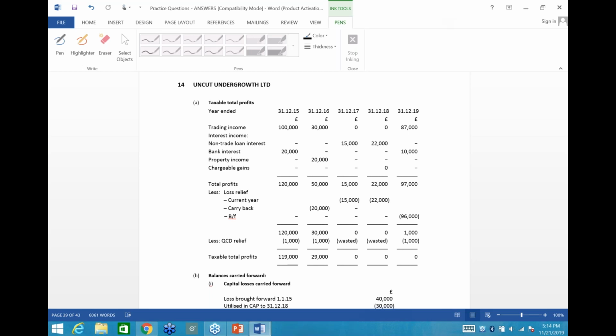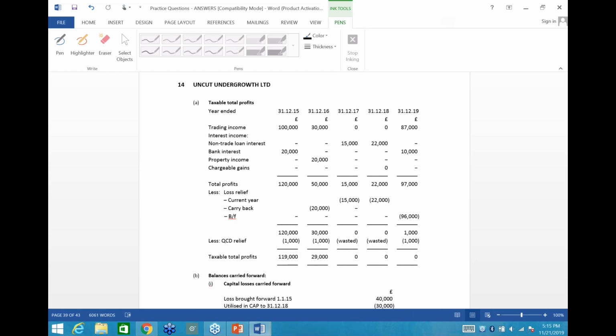Corp tax is calculated for each chargeable accounting period, which cannot exceed 12 months, but it can be less than 12 months. So if you have prepared accounts for 15 months, the first 12 months should be taken as one chargeable accounting period, and the balance 3 months as another.